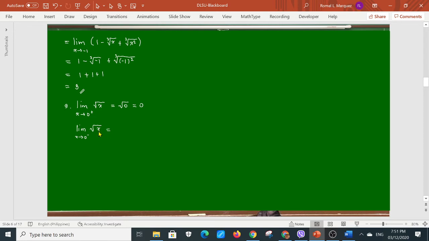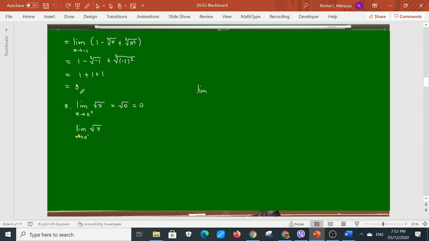So the radical is going to be 0 but through negative values. So you cannot apply the substitution technique. This principle, the limit of the nth root of x as x approaches a, you cannot apply because your f of x is not going to be positive. It is going to be negative, through negative values. Therefore, we cannot apply the substitution technique.